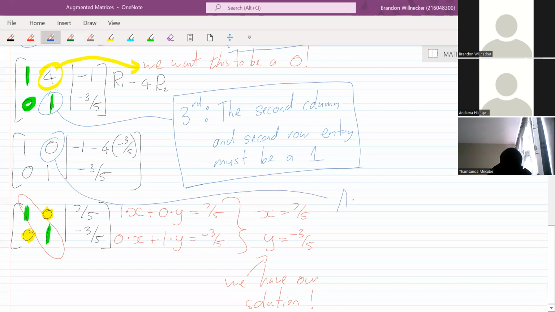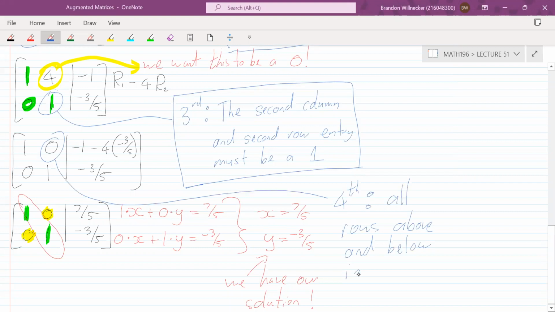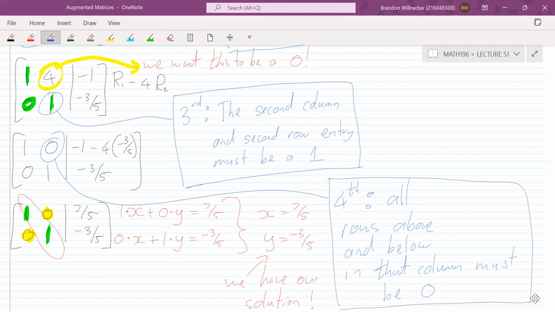So that's the fourth thing: all rows above and below in that column must be 0. That's the general idea of what we're trying to do.